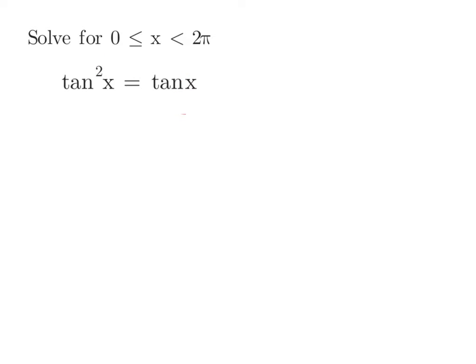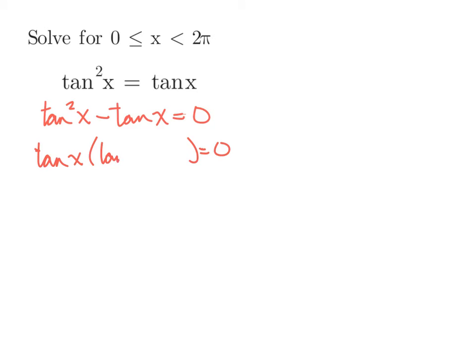What we should do is bring all of the trig functions over to one side first, so that we have tangent squared minus tangent is equal to 0. And instead of dividing by tangent and getting it to cancel, we're going to factor that tangent out of this expression, and we'll be left with tangent minus 1.